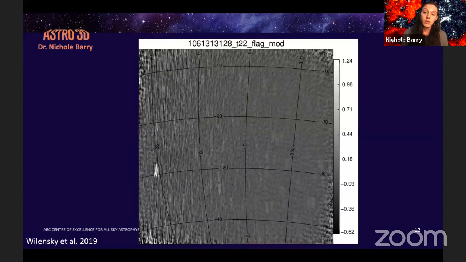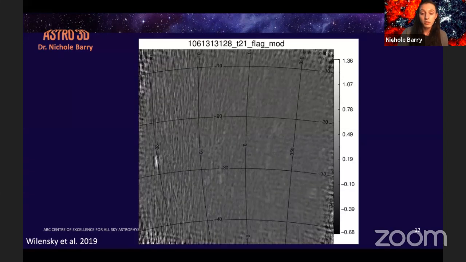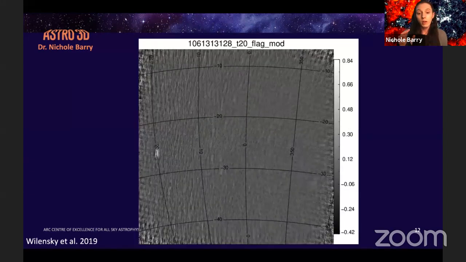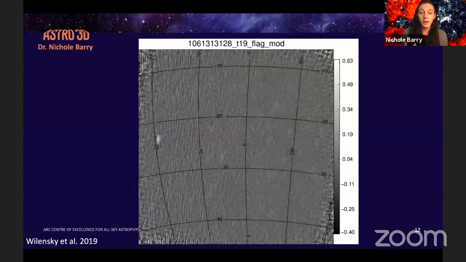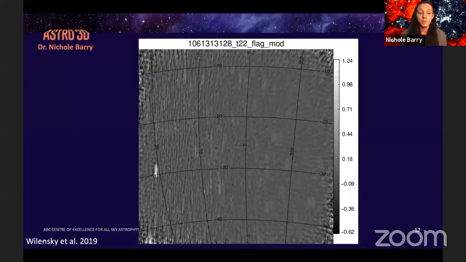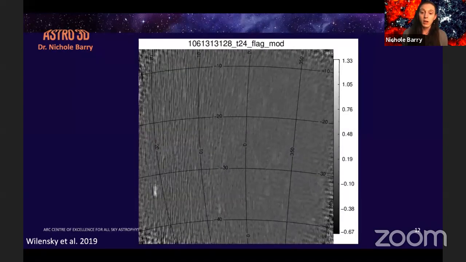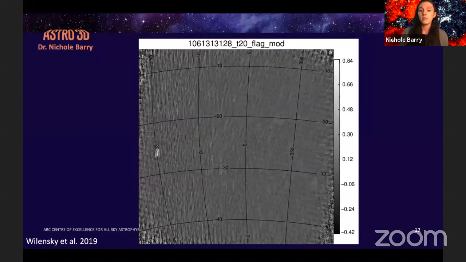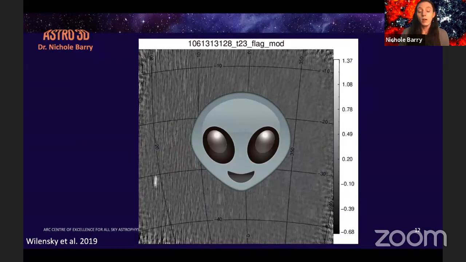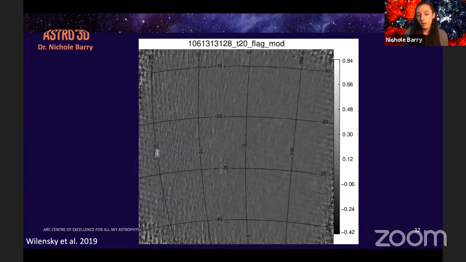On the observational side of things, this is looking up from the MWA over the course of a few seconds. Mike Walensky found this object, and we don't know what it is. It's not aliens, at least we don't think so.